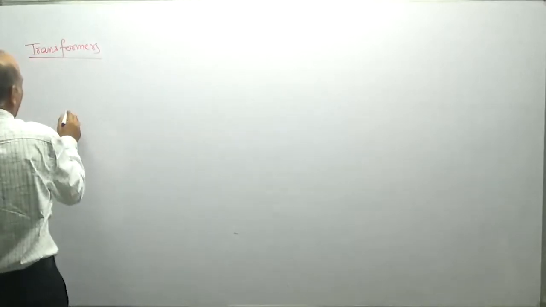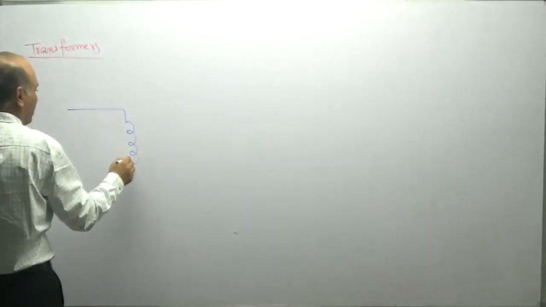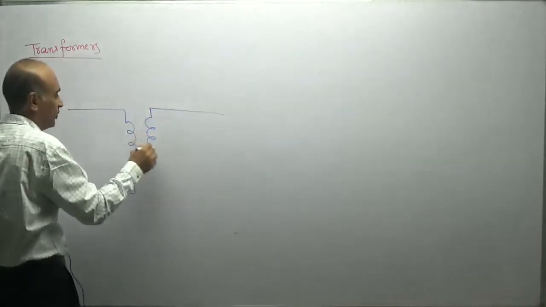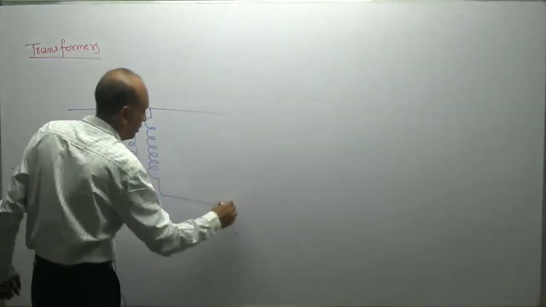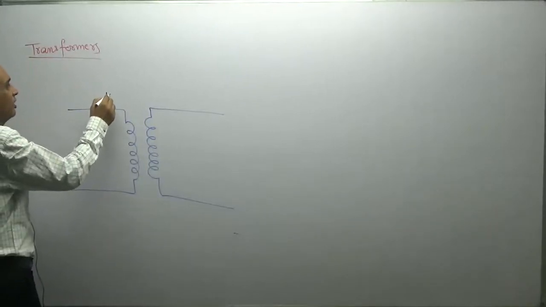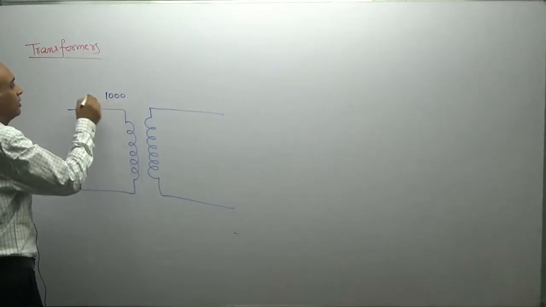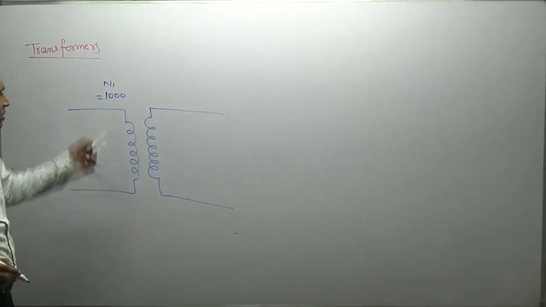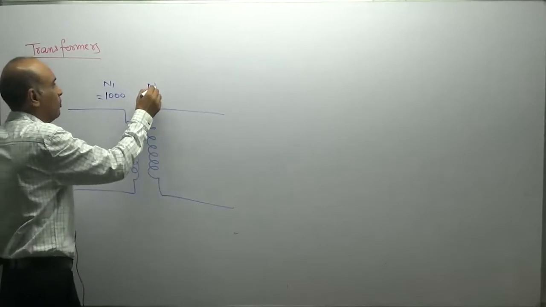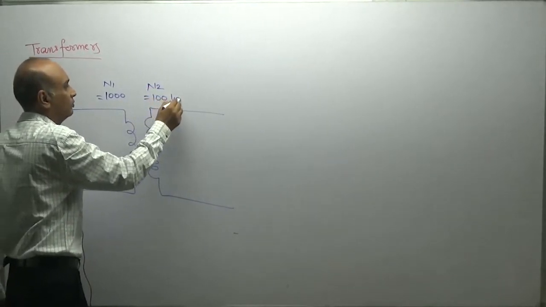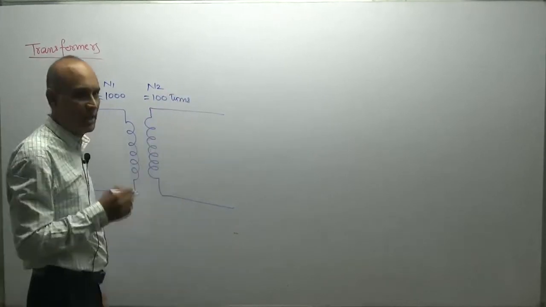So this is the basic circuit of a transformer. Suppose the primary side has 1000 turns and the secondary side has 100 turns.